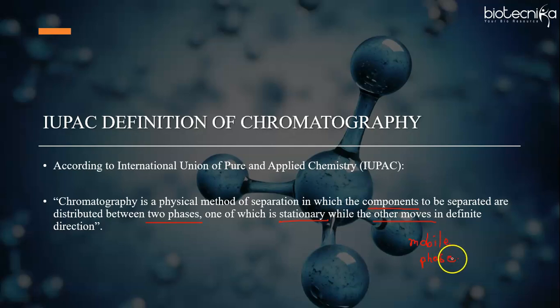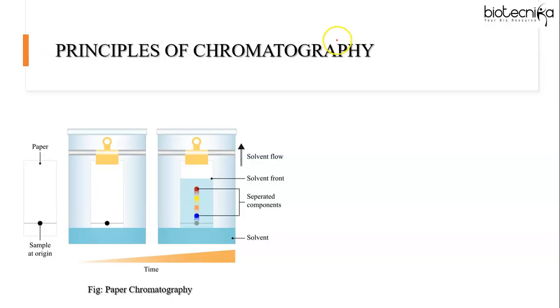The sample mixture is introduced into the mobile phase, which carries it through the stationary phase, and as the components interact differentially with the stationary phase, they are separated based on their respective affinities, leading to distinct bands or peaks. Now let's learn about the principles of chromatography in detail.